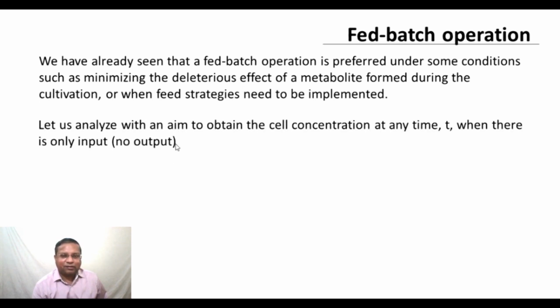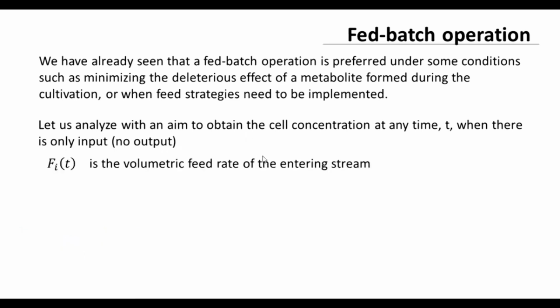Let us analyze this operation with an aim to obtain the cell concentration at any time t when there is only input. I am just taking one simple case to start you on the analysis. It can get a lot more complex. As long as you know the functionality, you will be able to get expressions and solve them towards your needs later. So in this case, there is only input, there is no output.